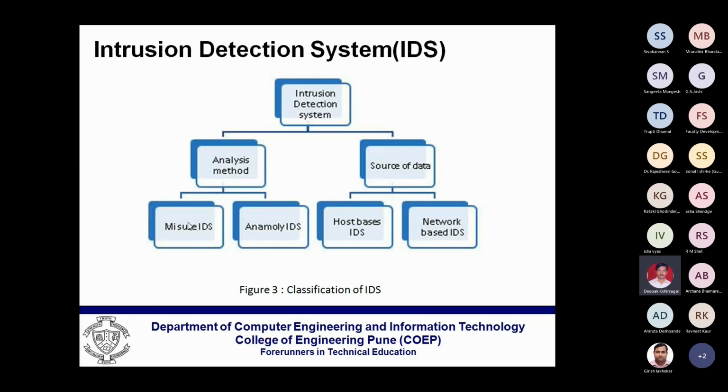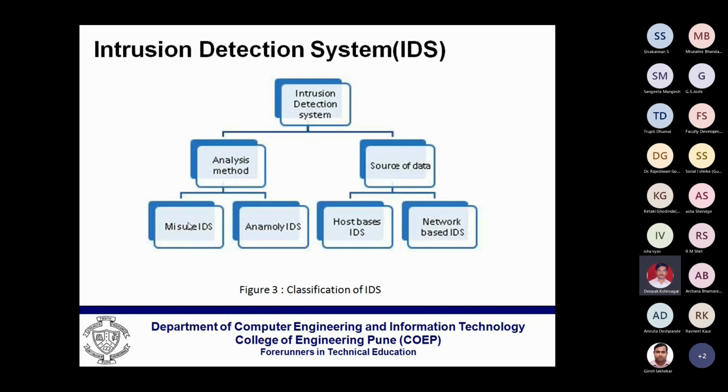Whatever your identification and credential information is, it is shared with the server, and you enter. But suppose a malicious user wishes to enter your organization. The normal person and the malicious user have different behaviors.